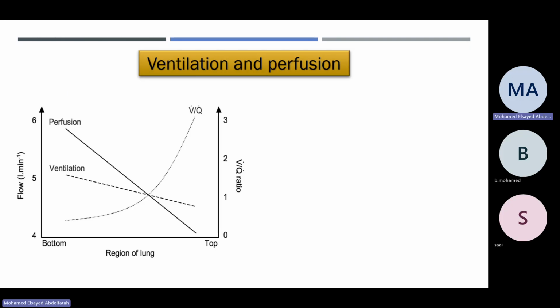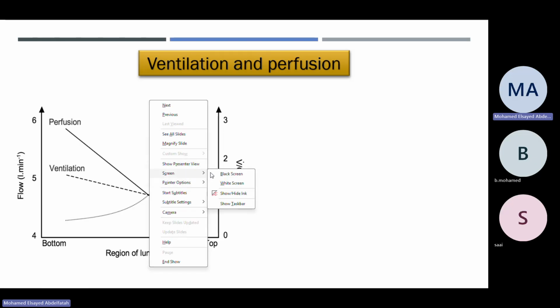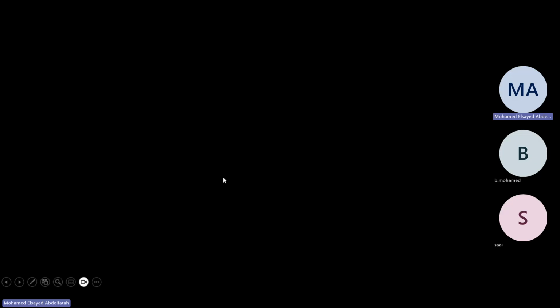Today's lecture will talk about the distribution of ventilation and perfusion throughout the lung. In the last lecture, we said that the intrapleural pressure at end of normal expiration is negative, zero, or positive. Can you remember?